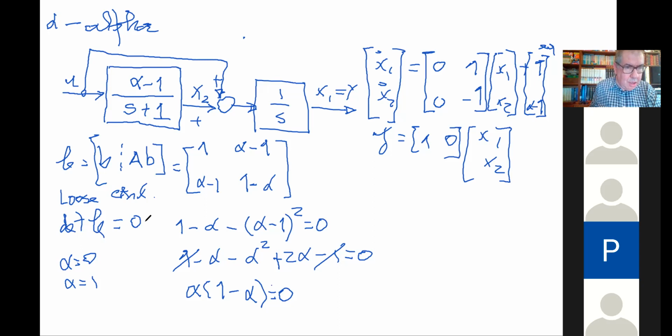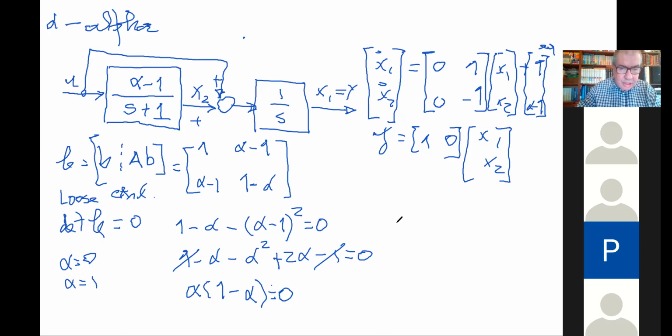If alpha is 1, then the whole block disappears. If it's 0, then it cancels with the pole. That's right. If alpha is 1, it's obvious that x2 is not affected by u. And now let's do the transfer function.